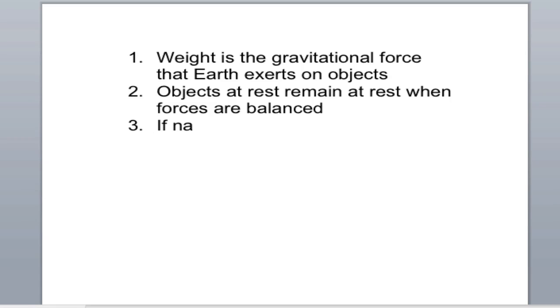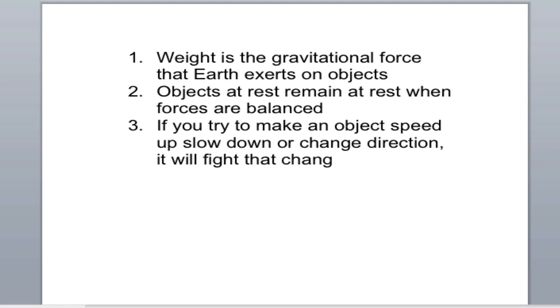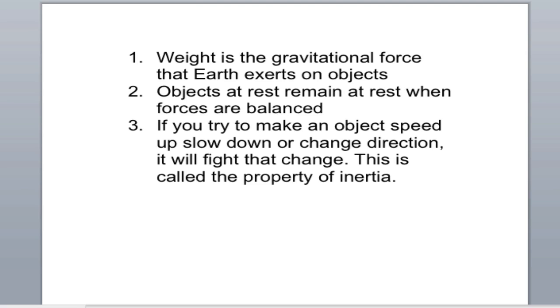And 3, if you try to make an object speed up, slow down, or change direction, it will fight that change. This is called the property of inertia. Those are our 3 big ideas for the day.